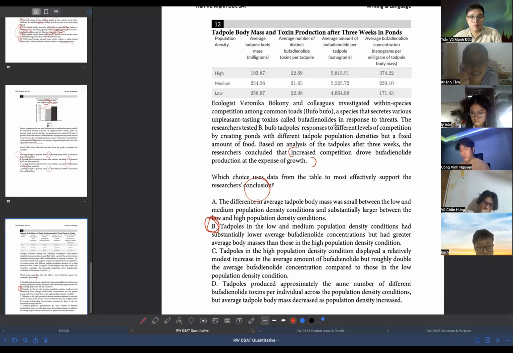And in answer B, I saw that it said tadpoles in the low medium had greater average body masses, and greater body mass than ones in the high population.